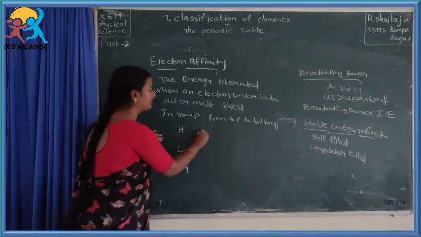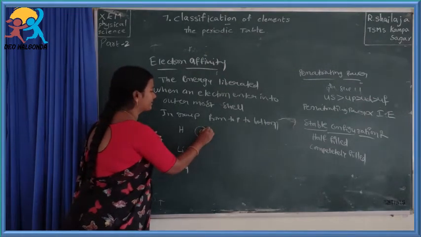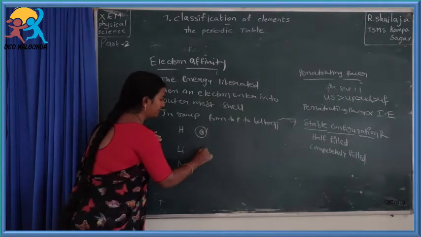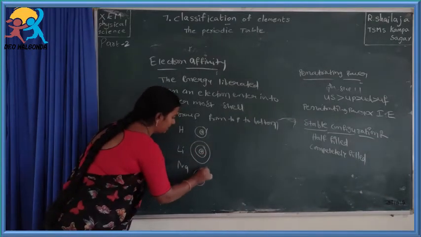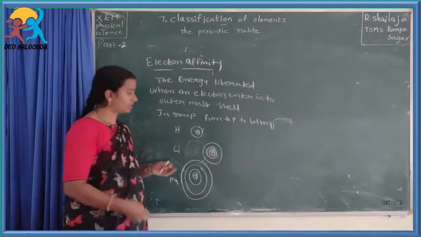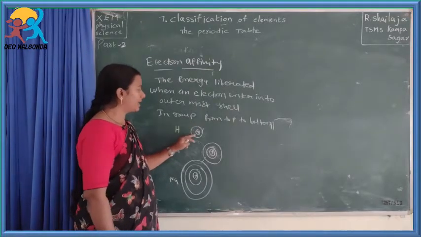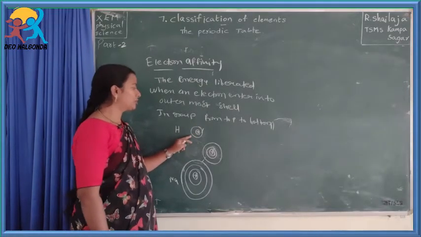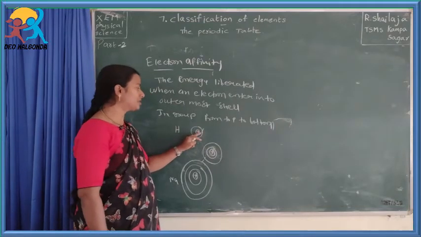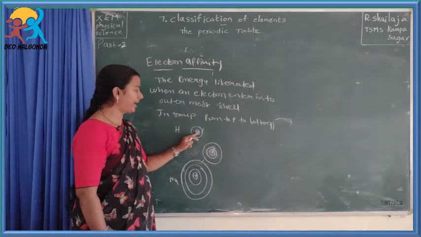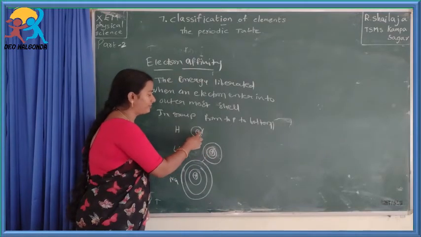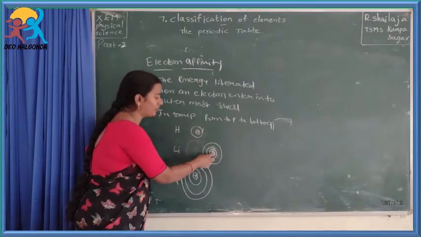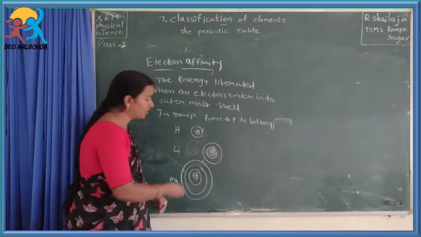From top to bottom, shells increase: lithium has 2 shells and sodium has 3 shells. The electron affinity depends on the distance from the center of the nucleus to the outermost shell: in hydrogen from the nucleus to the first shell, here from the nucleus to the second shell, and here from the nucleus to the third shell.